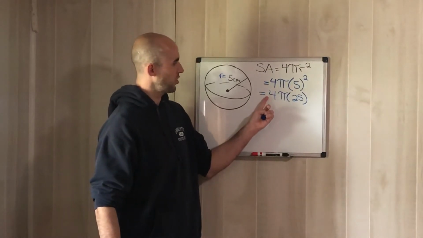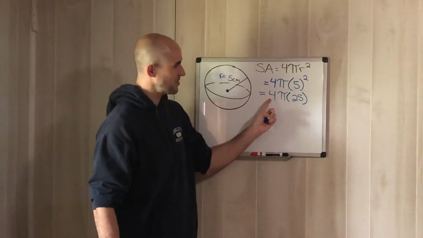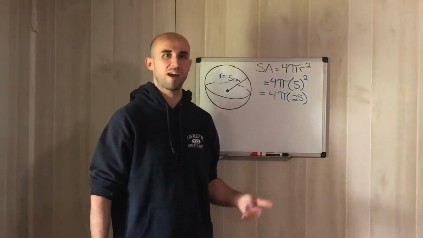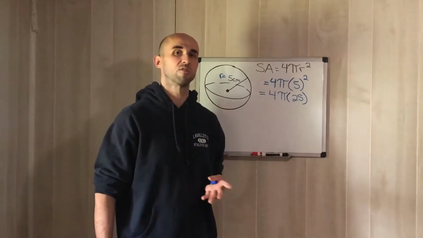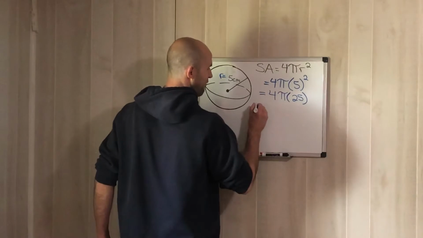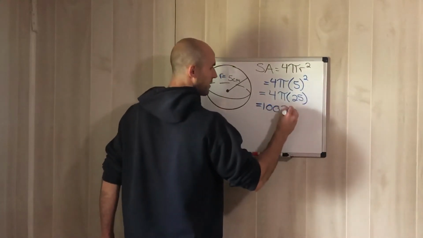Now, before you even deal with the pi, you can multiply the numbers. Since there's no plus sign, no minus sign, no division sign anywhere, when it's all together, it's always multiplication. So we're going to do 4 times 25, which gives us 100. Don't forget the pi.